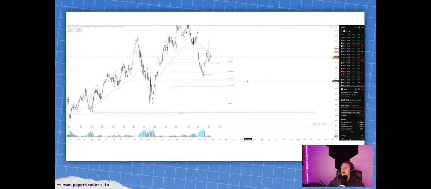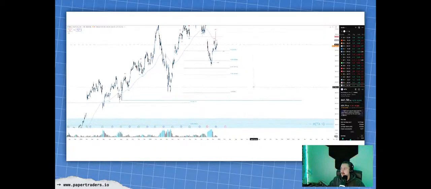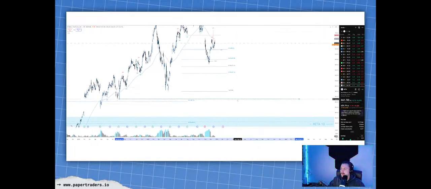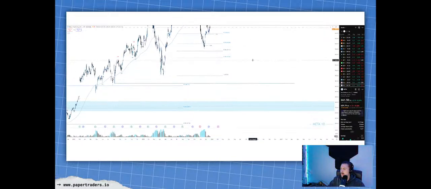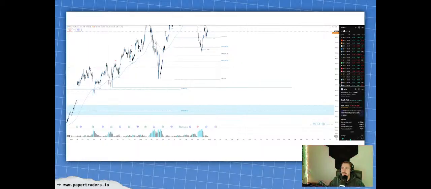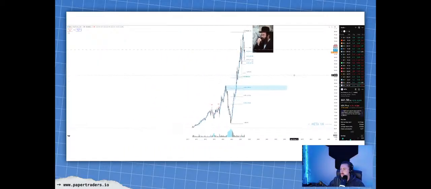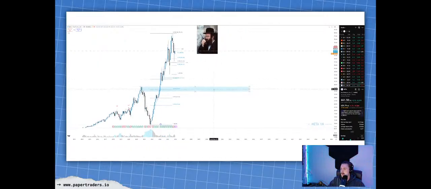Retest that old high breakout. 350 is like the OTE of that big old range on the monthly, with the 380 old highs right above it. Yeah, the 380s wouldn't be bad on it.